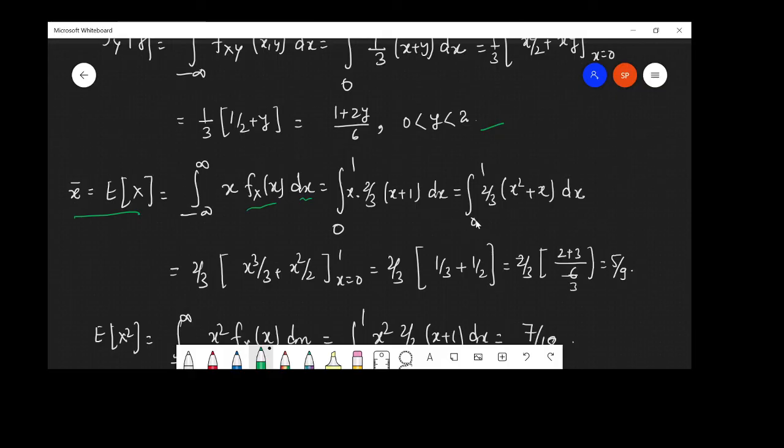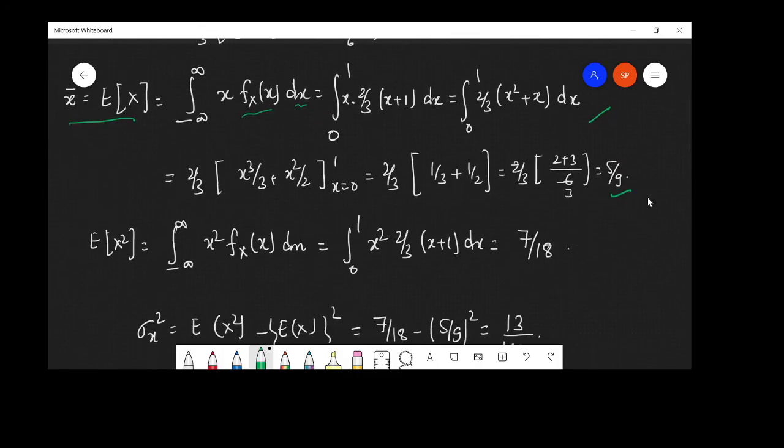That is 2 by 3 times the integral from 0 to 1 of (x square plus x) dx, and after simplifying it is x cube by 3 plus x square by 2, and then we put the limit x equal to 0 to 1, and it is coming 5 by 9.